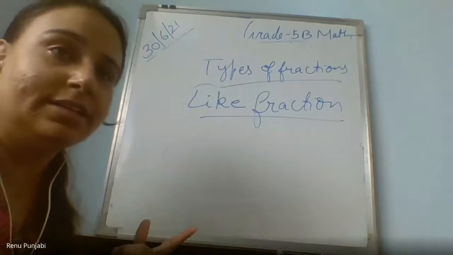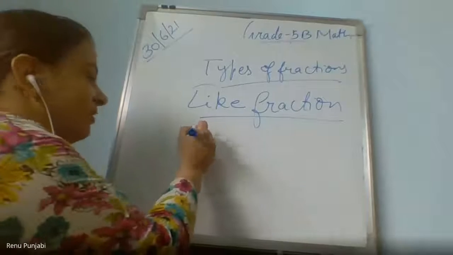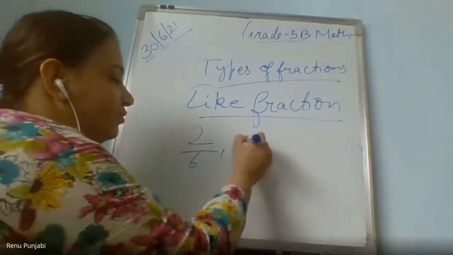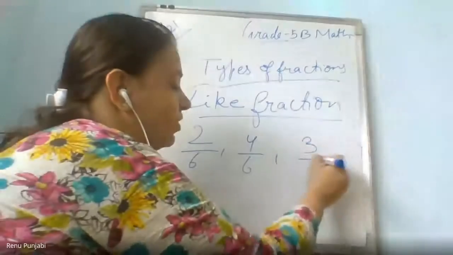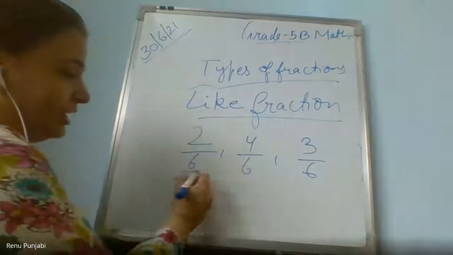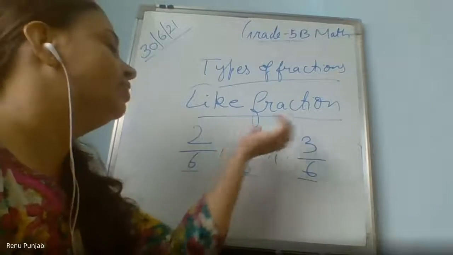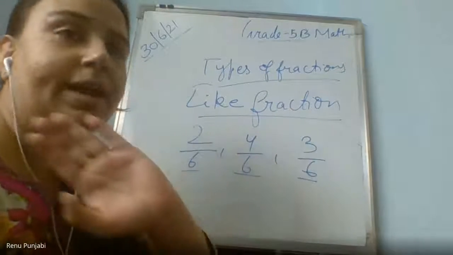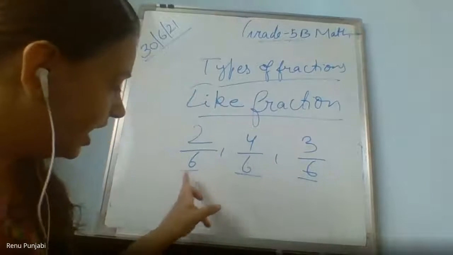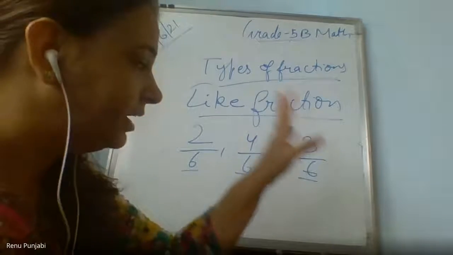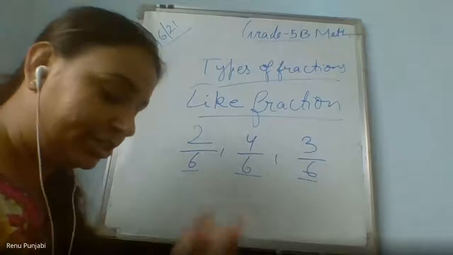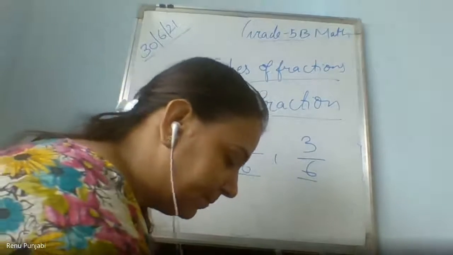Suppose I give you fractions 2/6, 4/6, 3/6. Can you see the similarity in the denominator? Yes, ma'am, 6. You don't have to see the numerator. Wherever you see that the denominator is same, so these fractions are called which type of fractions?